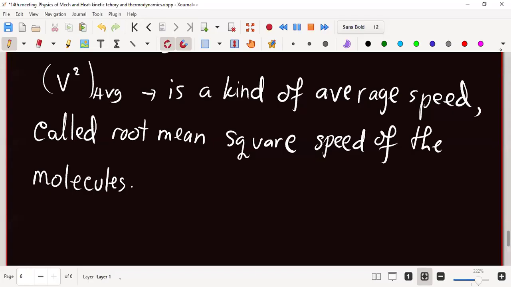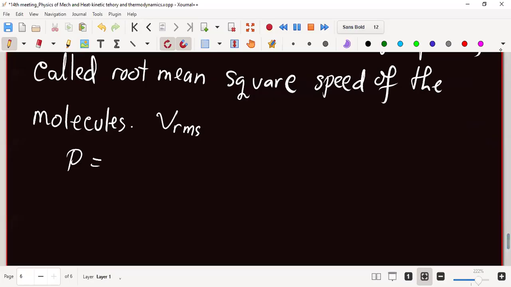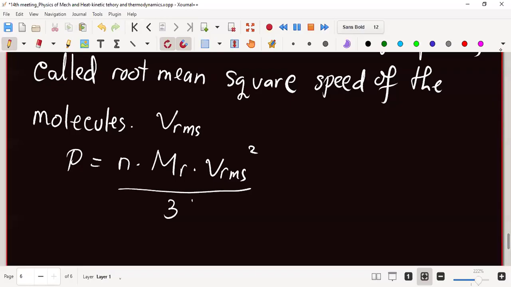Or you can write V square average as VRMS square. So we can write here P is the number of moles times molar mass, and then VRMS square divided by 3 V.